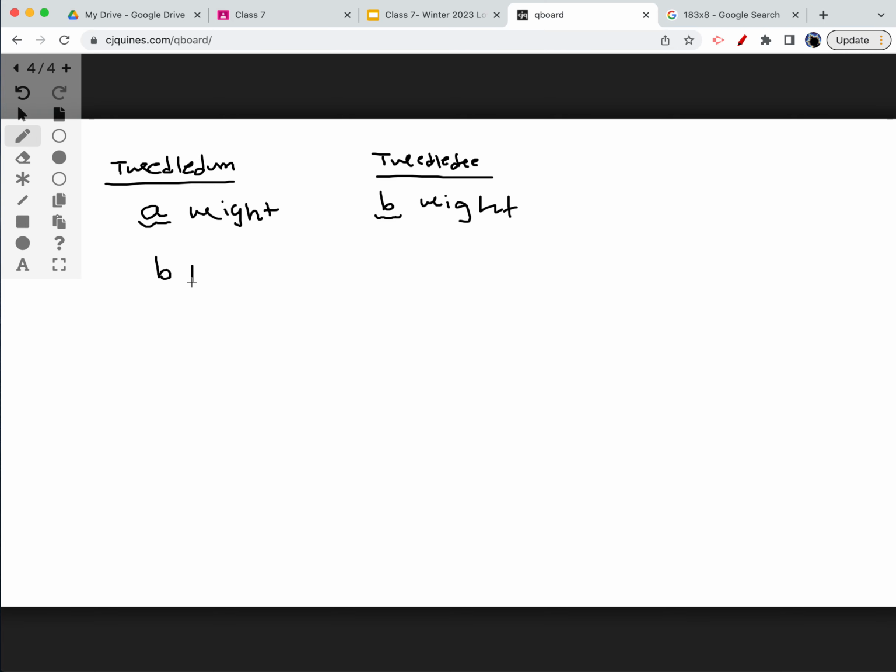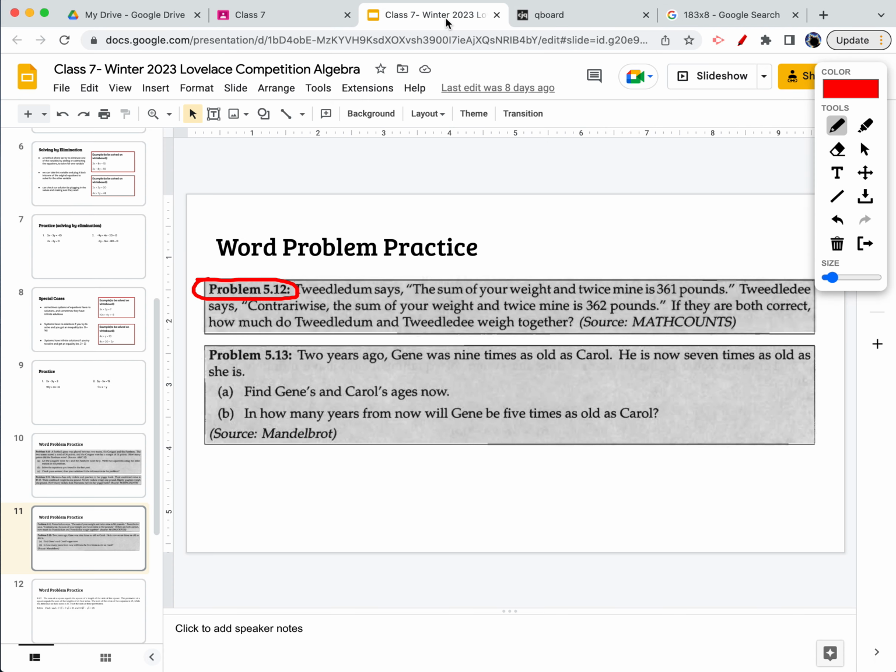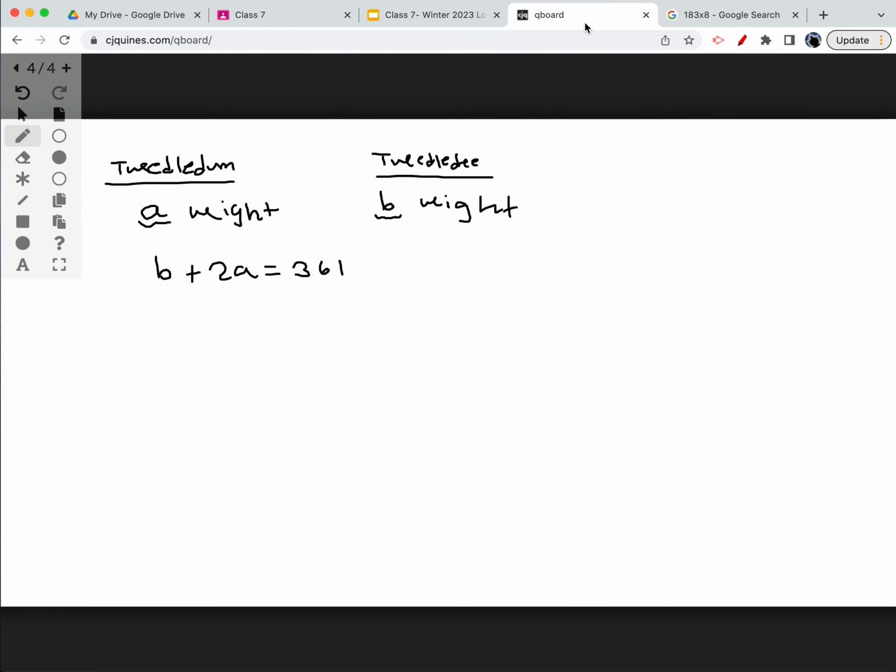So B plus 2A is equal to 361. Now Tweedledee says that the sum of Tweedledum's weight plus 2 times his own weight is 362 pounds. So he says that A plus 2B is equal to 362.